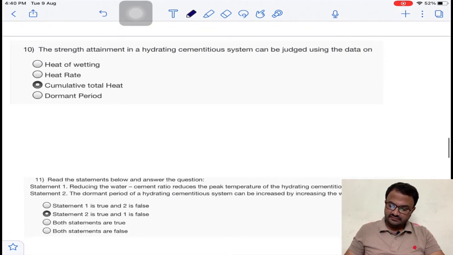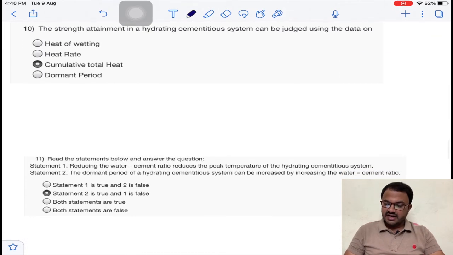Next, the strength attainment in a hydrated cementitious system can be judged by using which data? Obviously, the amount of heat generated or liberated will indicate the attainment of strength.